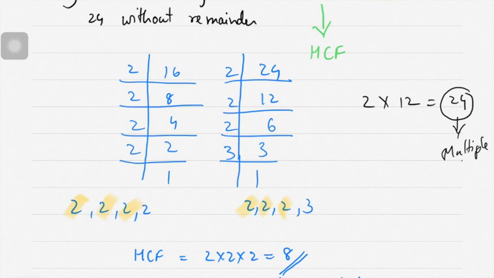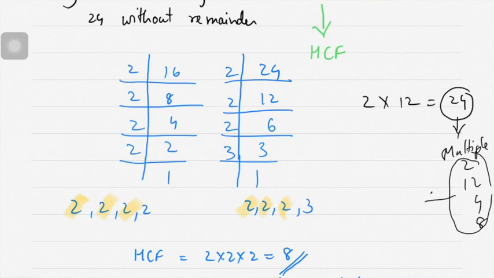This is a multiple of 2, this is a multiple of 12, this is a multiple of 4. So 24 is the multiple of many numbers: 2, 12, 4. It is also a multiple of 8, right? So 24 is the multiple of 12, 2, 4, 8, right?